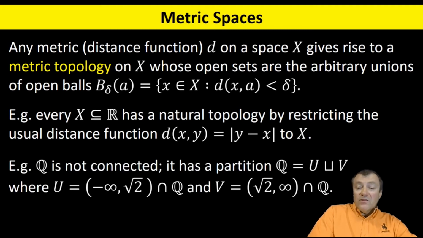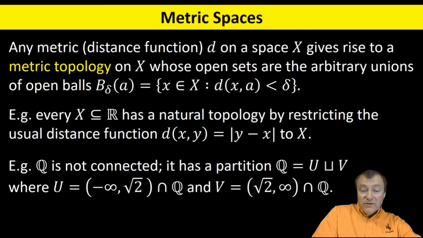For example, the rationals form a topological space using the usual metric topology. This space is not connected, since the rationals can be partitioned into two open sets U and V, as shown. The sets U and V are not open in the reals. However, in the context of our topological space Q, the rationals, they are open. This is a subtle point to watch out for.